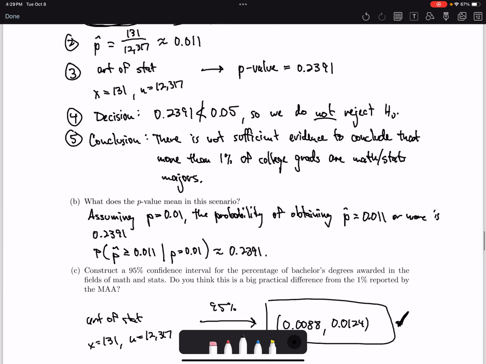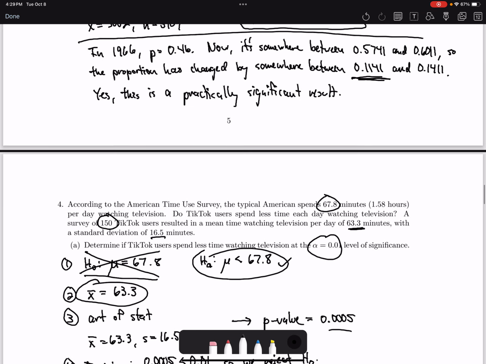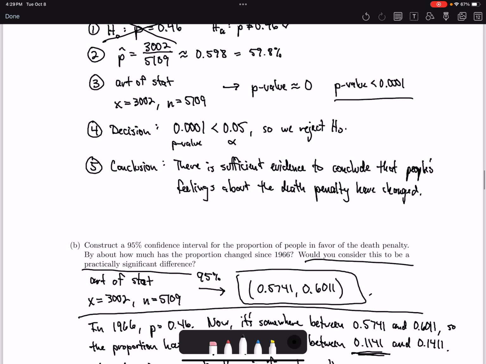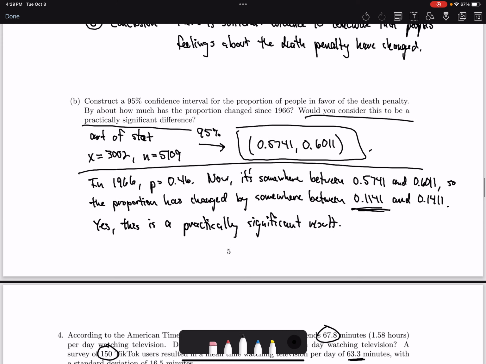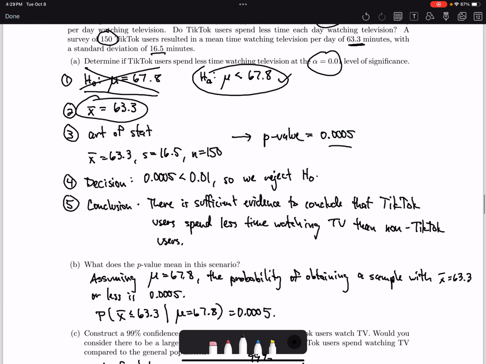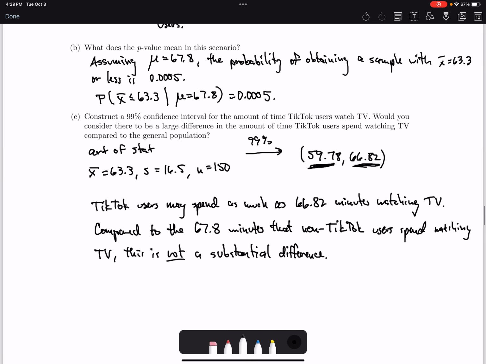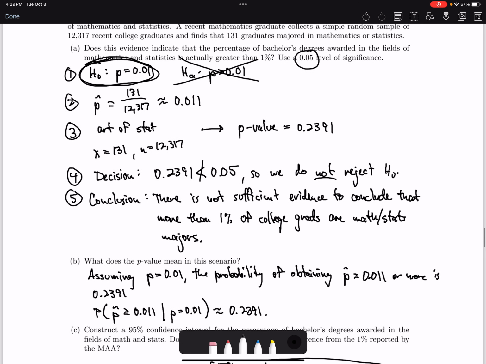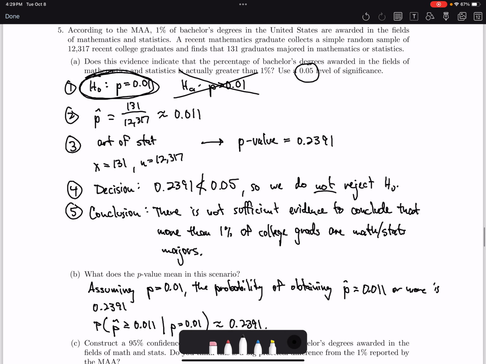So we've seen some examples at this point where we had a result on example 3 that was statistically significant and that was practically significant. On number 4, we had a result that was statistically significant, but not really all that practically significant. On number 5, we had a result that was not even statistically significant, and that's probably just because there really isn't much of a difference between what the MAA claims and what this recent college grad found.